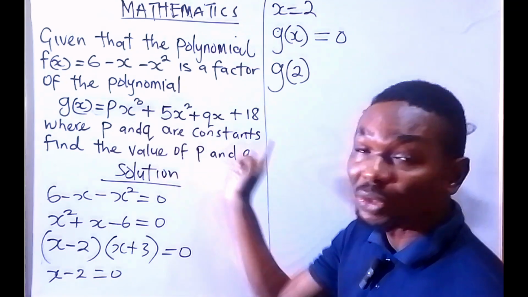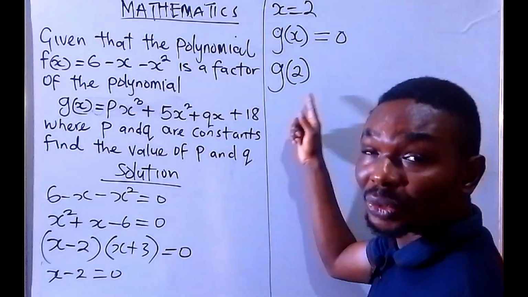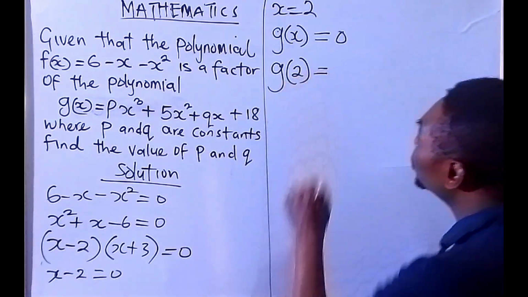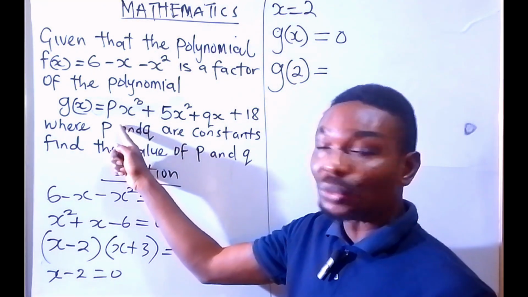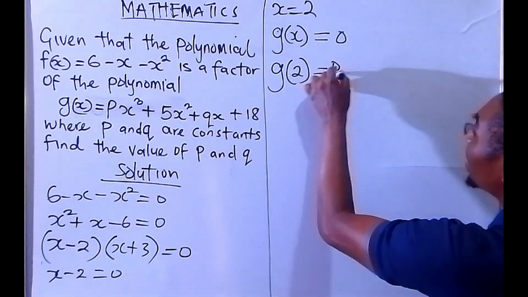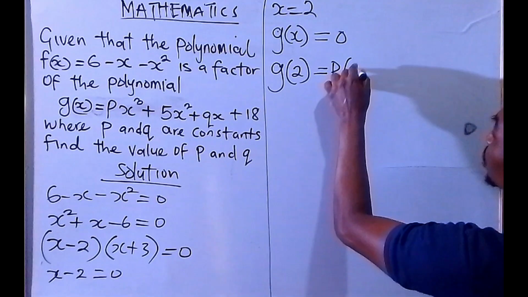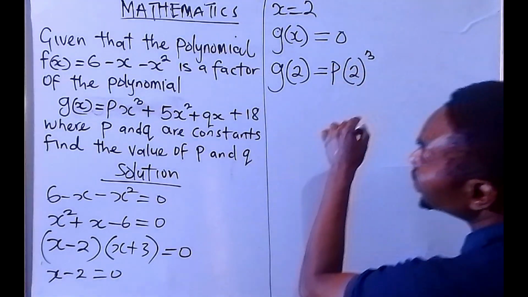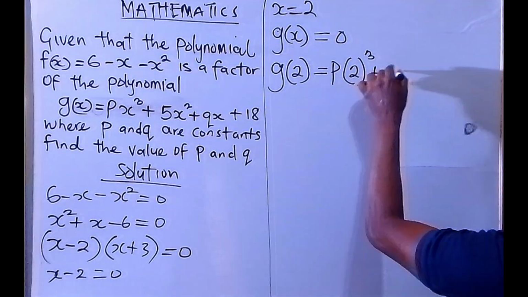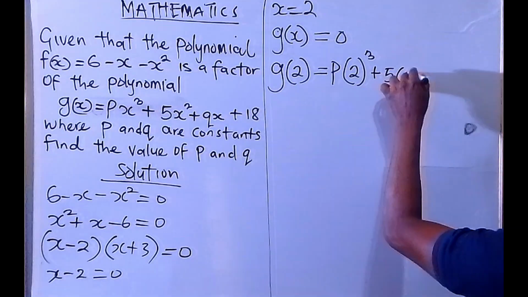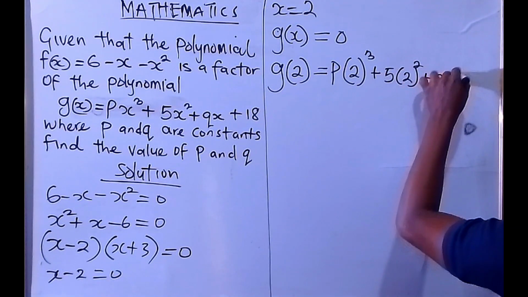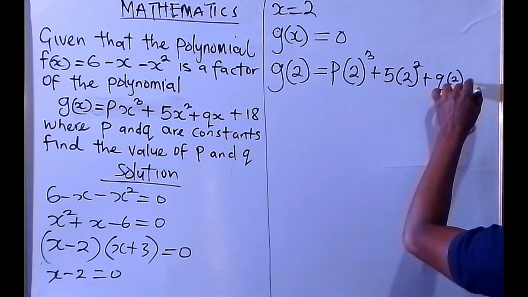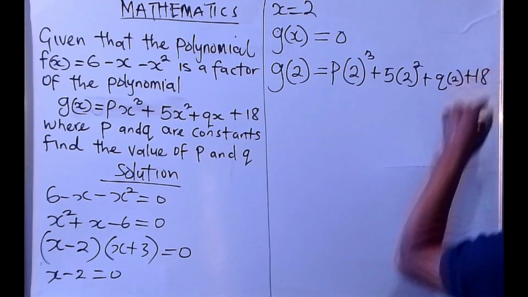So for g of x to be equal to 0, we are trying g of 2, which is a factor of this g of x, which must also be equal to 0. Now anywhere we see x, we are going to put 2. So we have p into 2 raised to the power of 3 plus 5 into 2 raised to the power of 2 plus q into 2 plus 18.